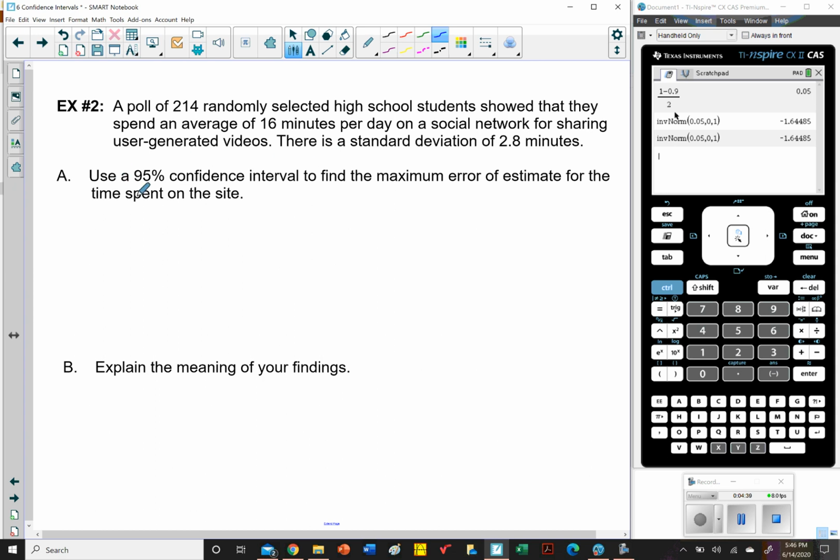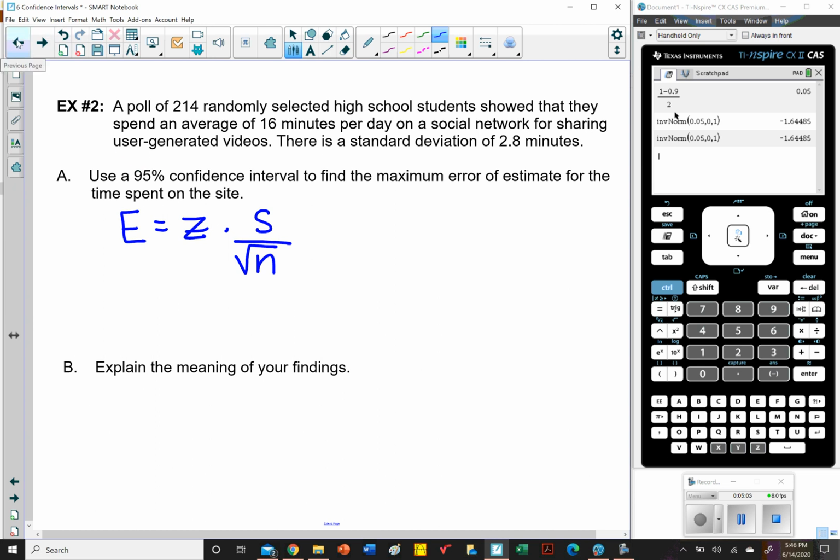And we want to use a 95% confidence interval to find the maximum error of the estimate for the time spent on the site. So our formula said that the error is the z-value times the standard deviation, divided by the square root of the sample size, and we want 95% confidence.